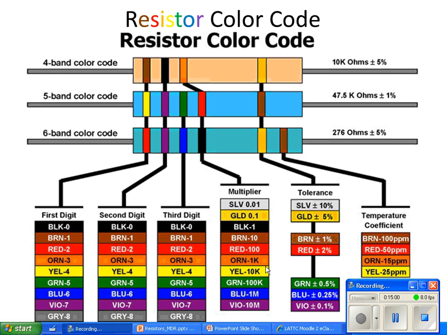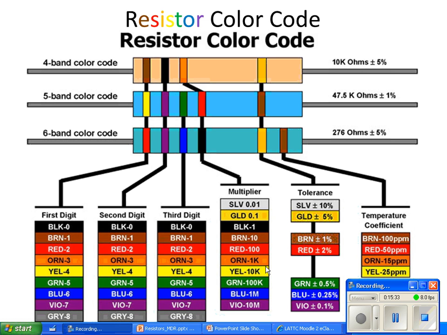So brown is 1%, red is 2%, green is 5%, blue is 0.25%, and violet is 1/10 of 1%. Now the green, blue, and violet are really unusual. You and I may never see a resistor with those tolerance bands because those resistors are getting real expensive, right? It's that one almost perfect resistor out of a batch of thousands.